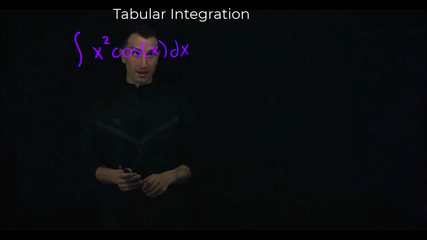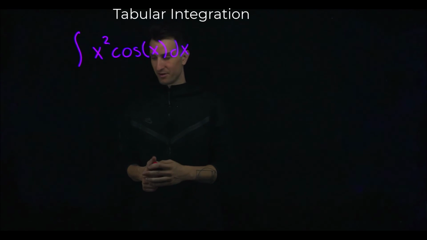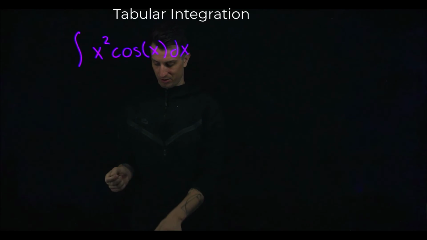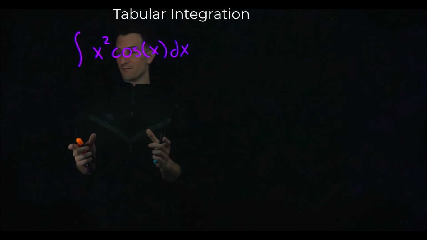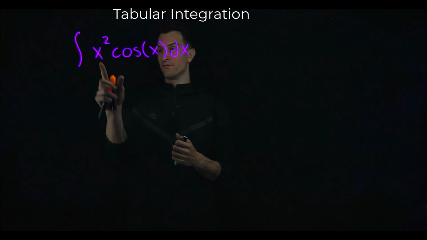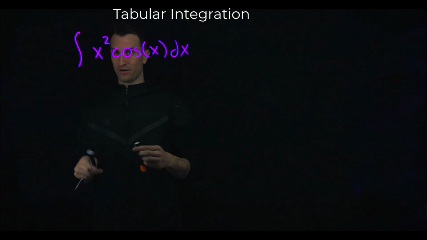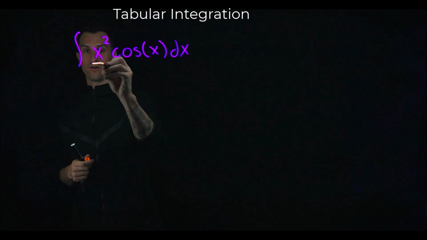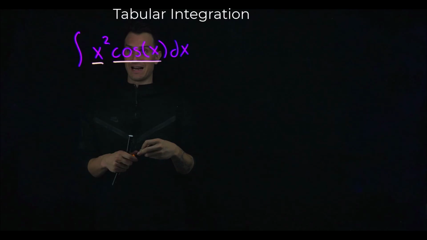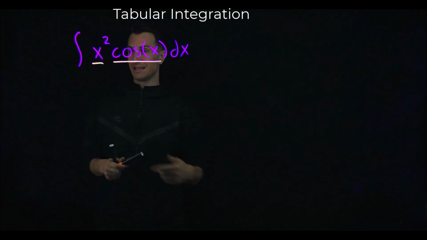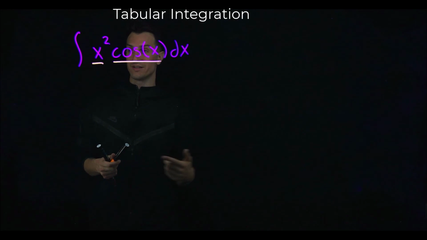Now, tabular, also known as the DI method, as told to me by one of my students, can only be used when one of these functions, either x squared or cosine of x, has the property that as you take the derivative repeatedly, over and over, one of them will go to 0.